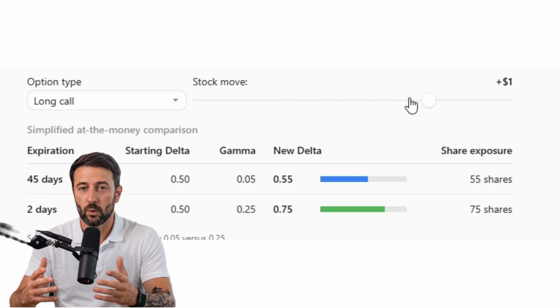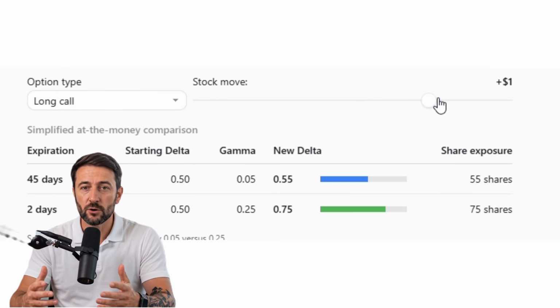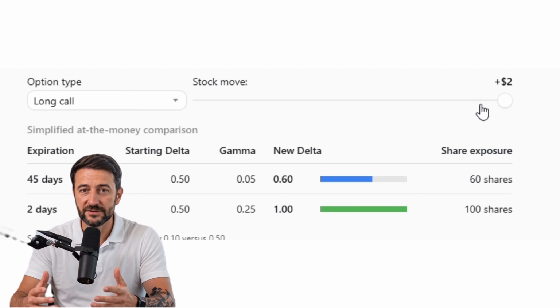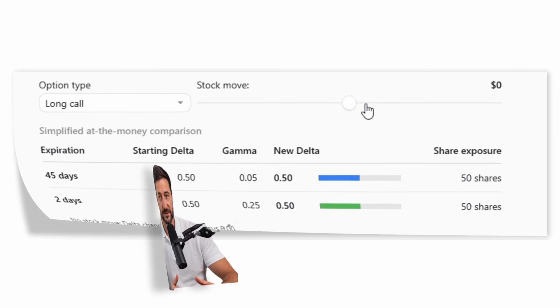A delta of 0.50 represents exposure similar to approximately 50 shares. A gamma of 0.05 means that exposure may change by roughly 5 shares for every $1 move in the stock. After a $1 increase, our exposure could rise from approximately 50 shares to 55 shares.